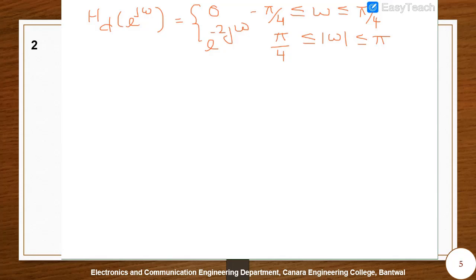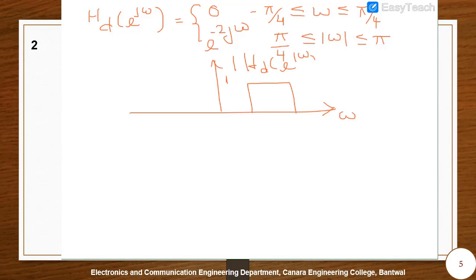We need to design the filter, and the magnitude characteristic of this filter is as shown here. It is 1. It's the magnitude characteristic HD of e to the power j omega.